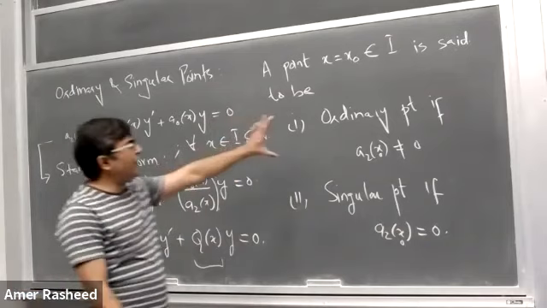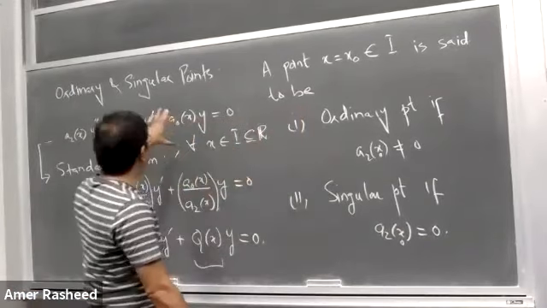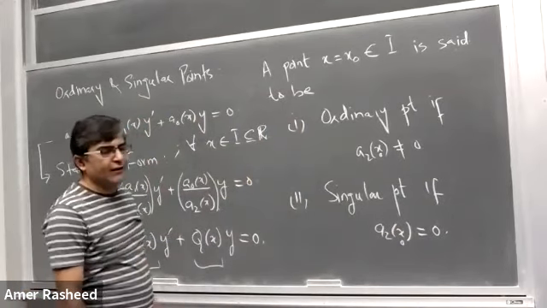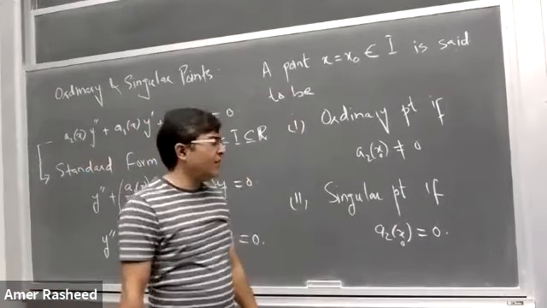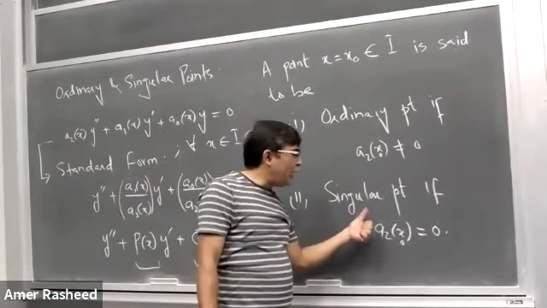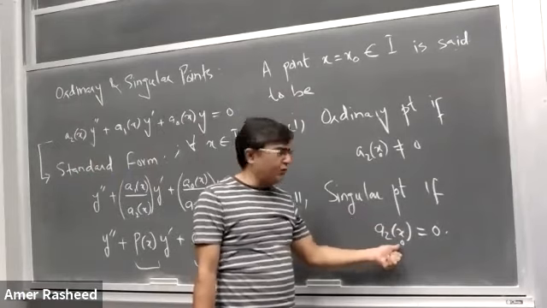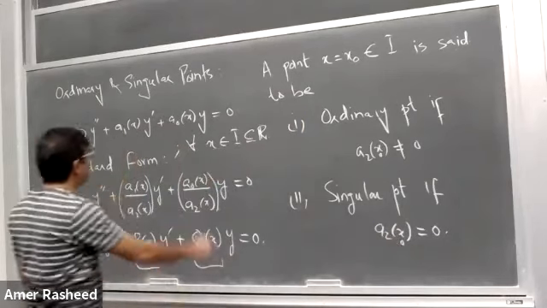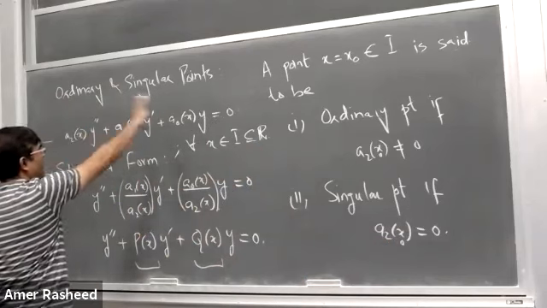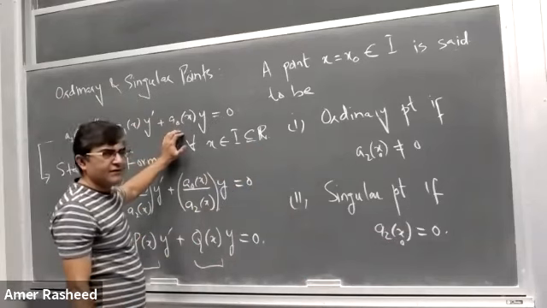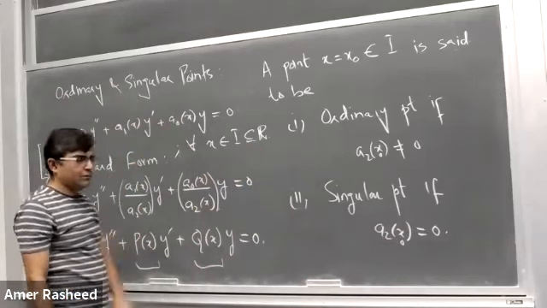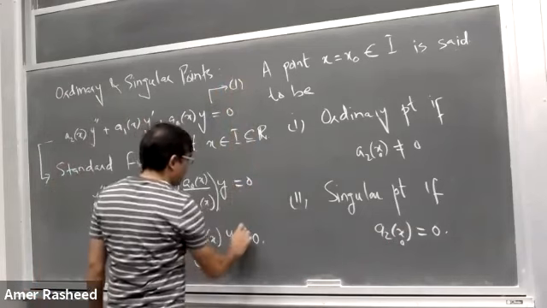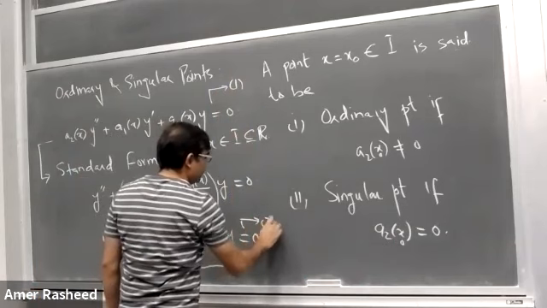In case of an ordinary point, we can solve this differential equation, this or this one, using the power series method. If the point at which we need to find the power series solution is a singular point, then we cannot use the simple power series method to solve this differential equation. So we call it 1 and we call it 2.